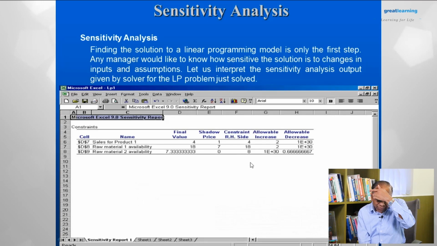So let us see, take for example raw material 1 availability, increase it by 2 more kg and find out whether the profit increases by 2 into 7 or $14. Is the computer correct in saying that? Is the solver package correct in saying that?